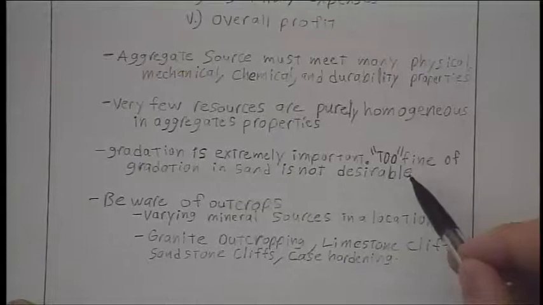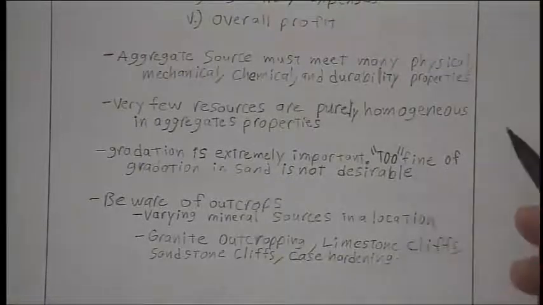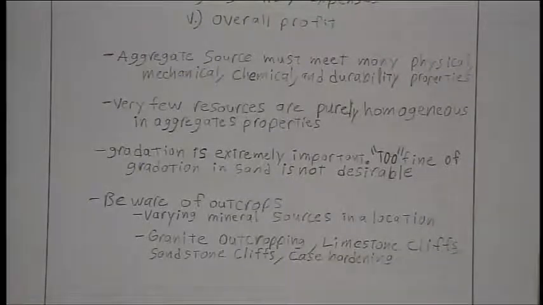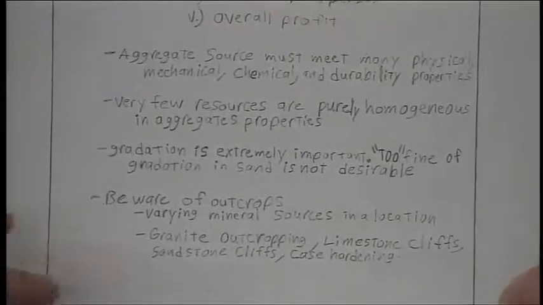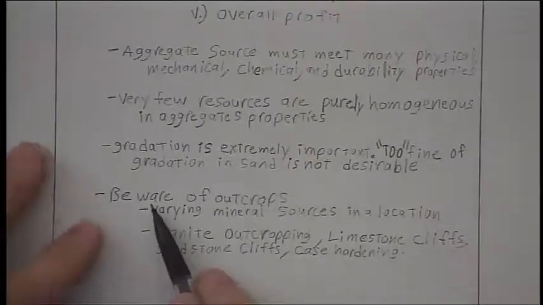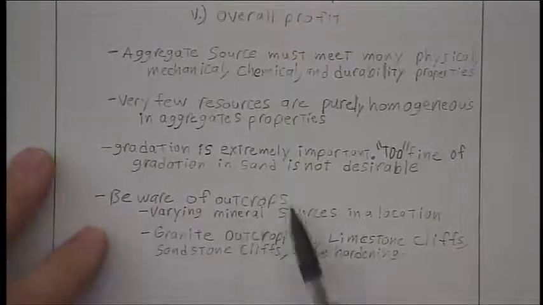And a lot of times you also want to find a coarse aggregate source that can have a maximum size of at least 3/4 of an inch, which is very standard. It's also real important to be aware of outcrops.